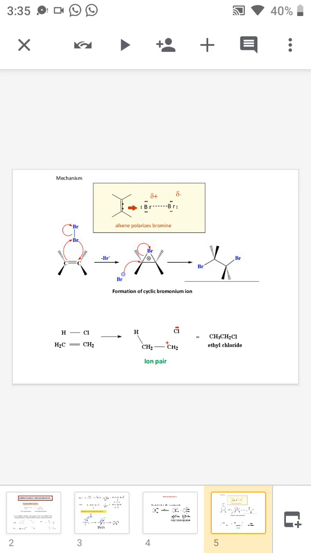After that, the Cl minus, that is the nucleophile, will attack the carbocation in the same direction as the attack of the electrophile. So we will get ethyl chloride, and both the hydrogen and chlorine are in the same direction.